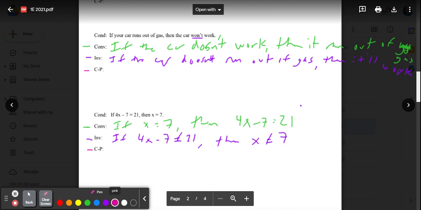All right, now we go to the contrapositive. Okay, so if the car runs out of gas, then the car won't work, so this one would be if the car works, right? Because "doesn't work" becomes "works." If the car works, then it didn't run out of gas.